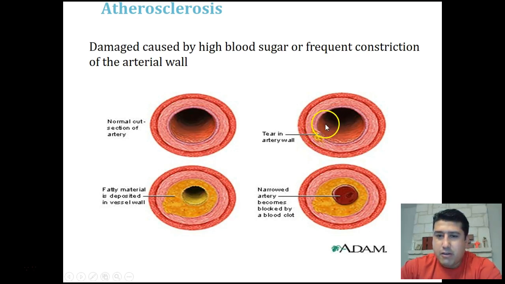Then another droplet comes and sticks to that, and then another, until eventually you develop a plaque inside the artery, and this plaque decreases the volume where blood can flow.